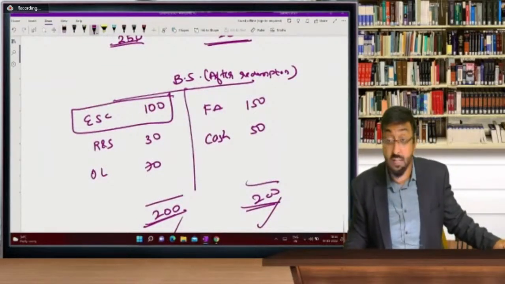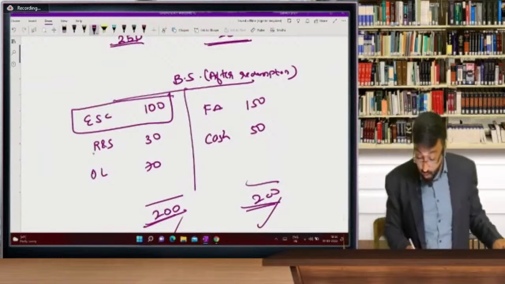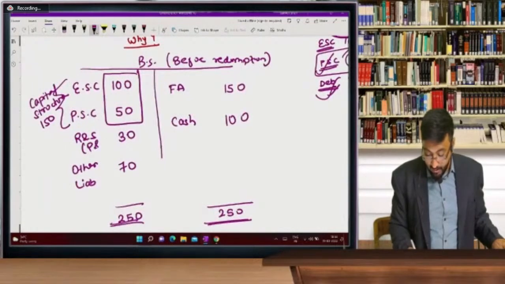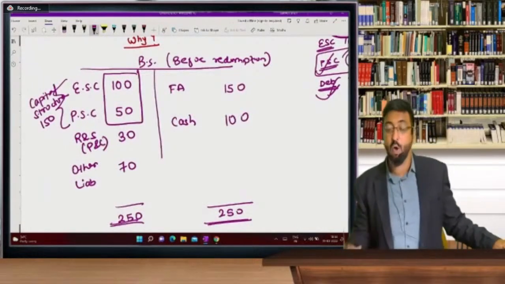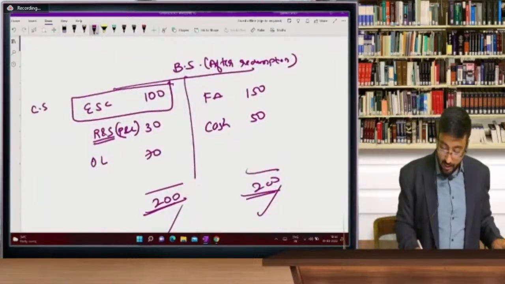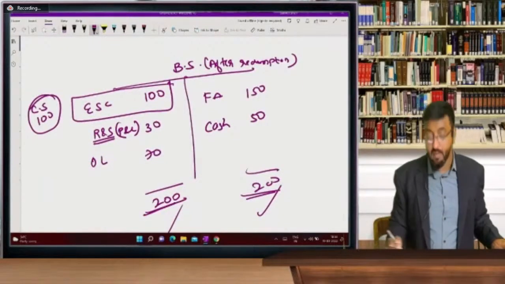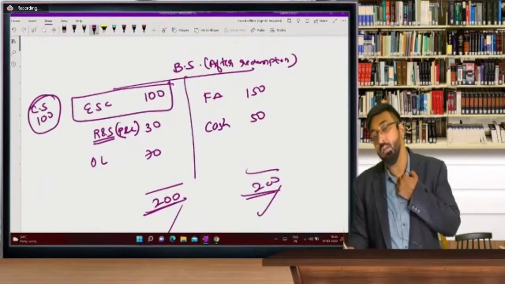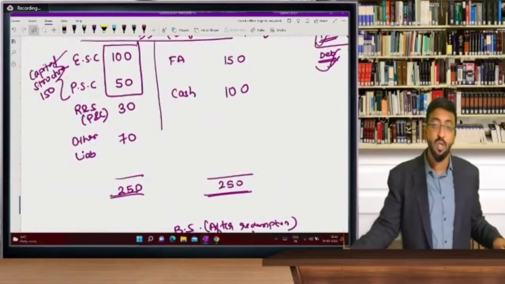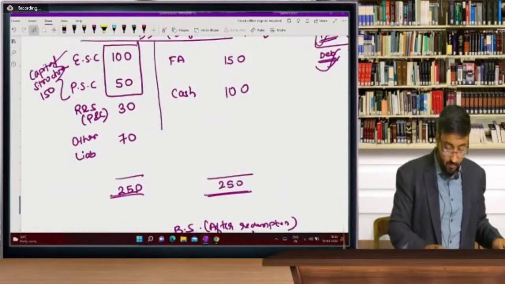Reserves and surplus are never considered in the capital structure if they consist of P&L. Assume this is P&L. P&L is a free reserve, so it will not be part of the capital structure. So here the capital structure is 100. My capital structure before redemption is 150 and after redemption 100.